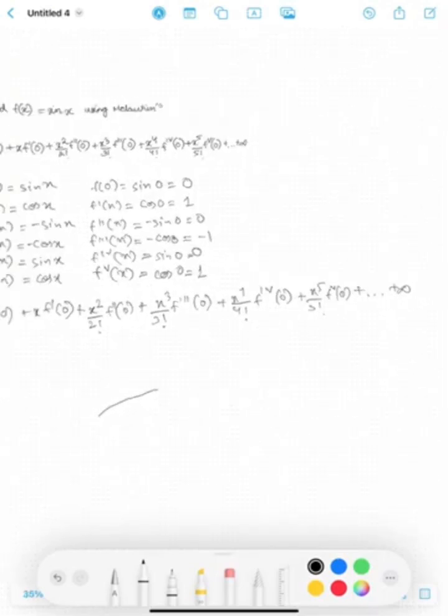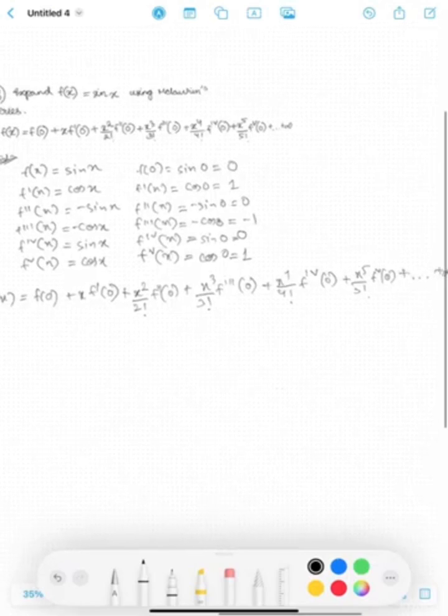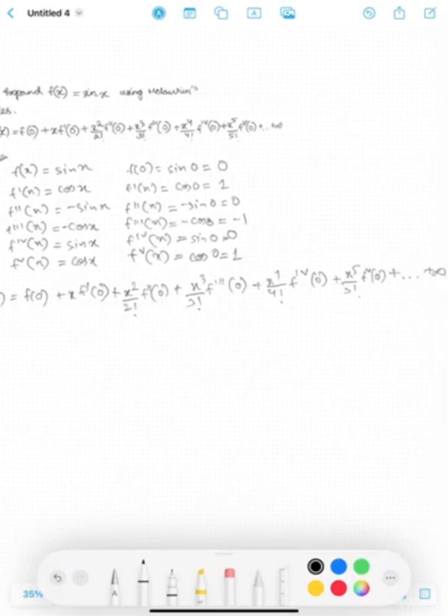So now let us find the derivatives whose value is 0. f(0) is 0. f''(0) is 0. The fourth derivative is equal to 0. And we are left with the first derivative, the third derivative, and the fifth derivative.